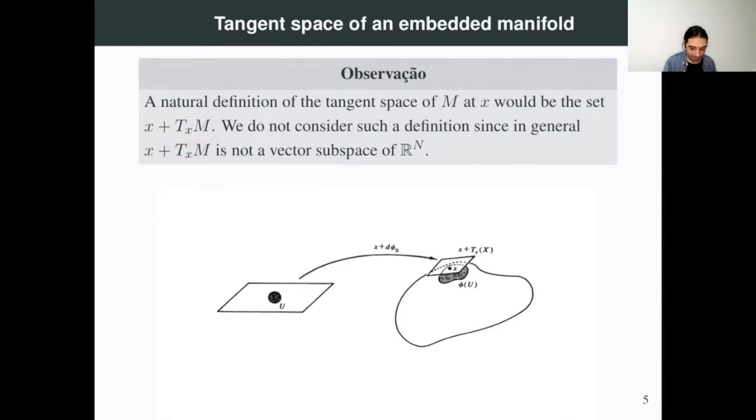If x does not belong to this space, this is not a linear subspace. And so, in order to keep the structure of vector space, we are going to prefer to consider the tangent space of M at x instead of this set. All right?